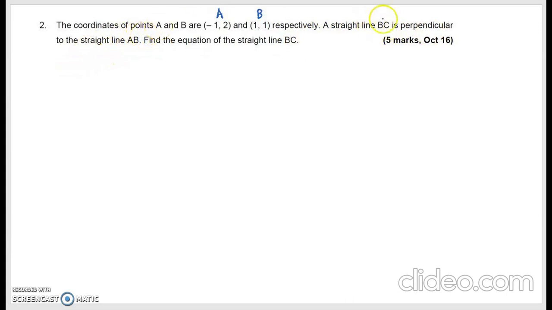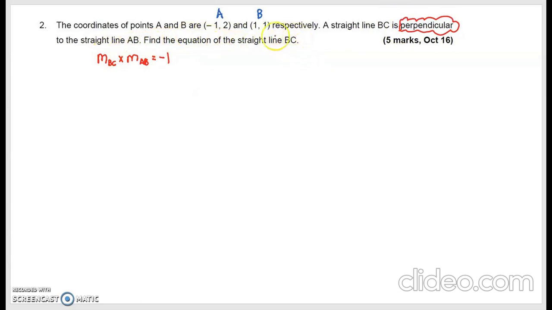So means that BC is perpendicular to AB. So what I can do here is, the gradient of BC, when we multiply with the gradient of AB, it should be negative 1. Why? Because this is perpendicular. So find the equation of the straight line BC.